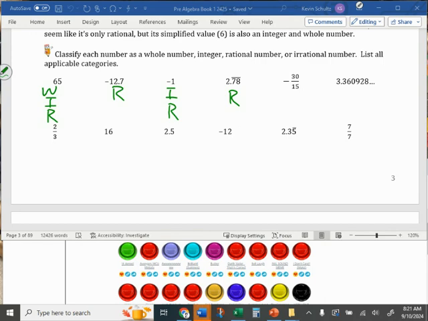Negative 30/15. It's a fraction, so automatically you know that it belongs to which set? The rational set, because all fractions do. Any others though? And this one might be a little bit tricky. Sawyer, why?